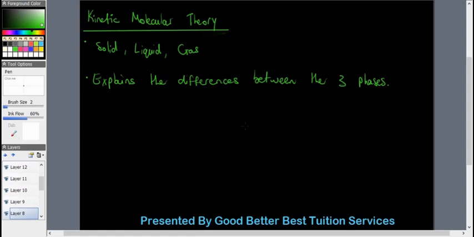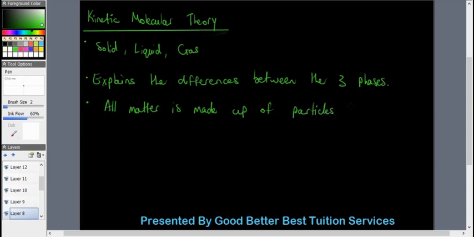The kinetic molecular theory states that all matter is made up of particles. All of it.